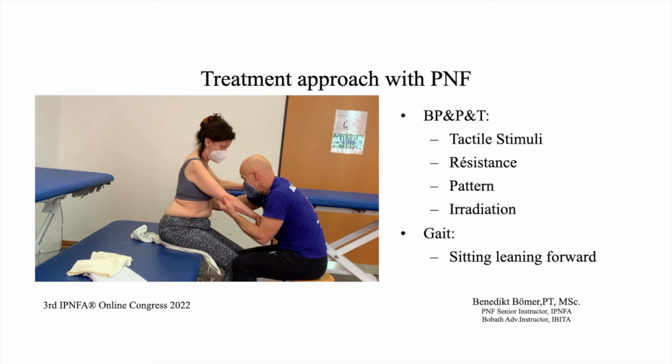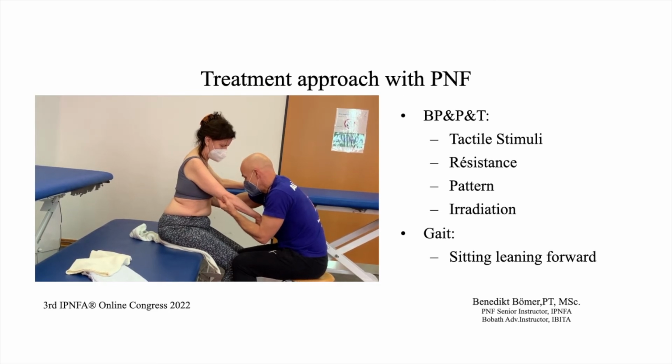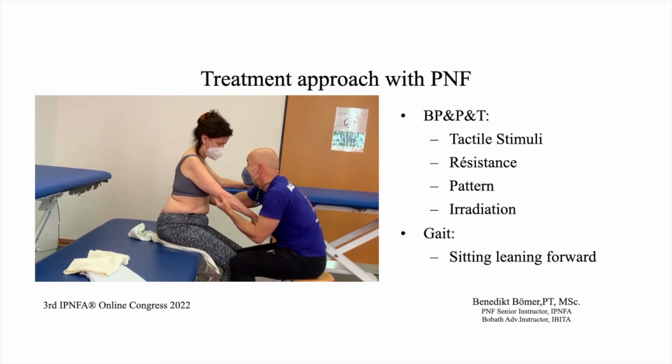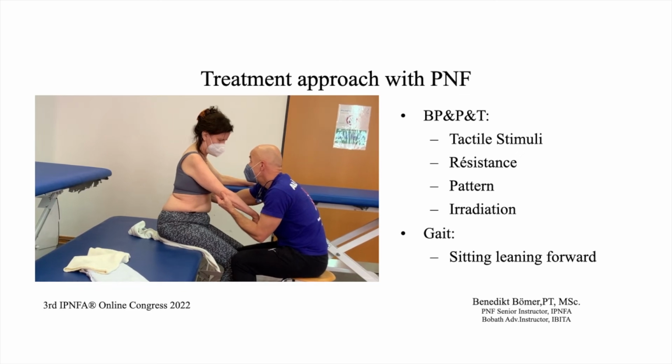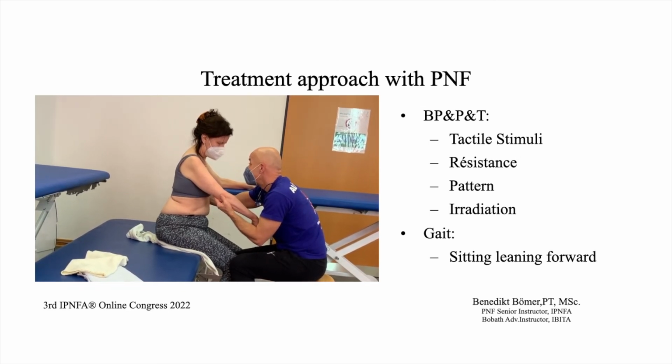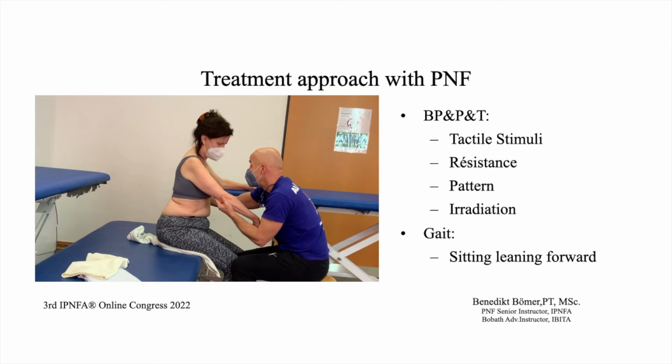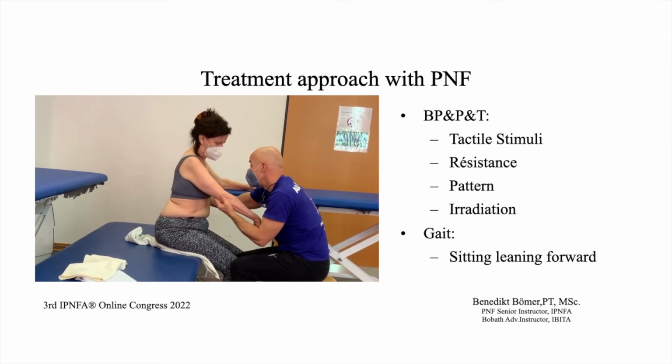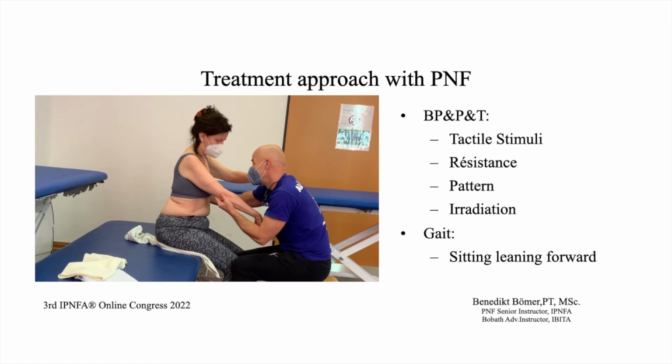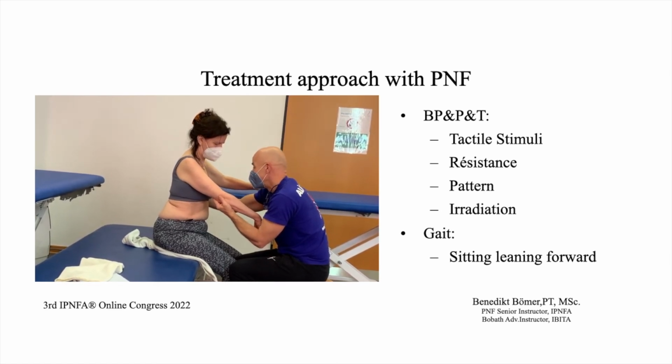Now, my right hand goes on her trunk, on the right side. Here I start with an isometric resistance and ask her to keep it. Now I slowly increase my resistance with the right hand, in the sense of summation of stimuli, so that she has to push more and more down with her right heel.